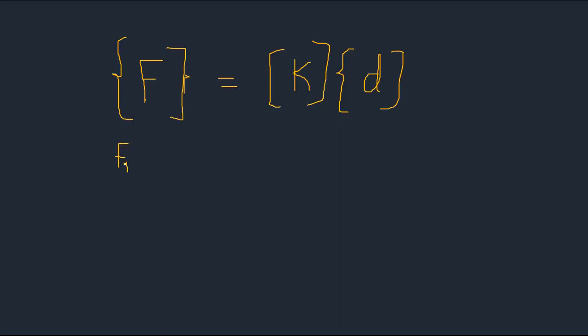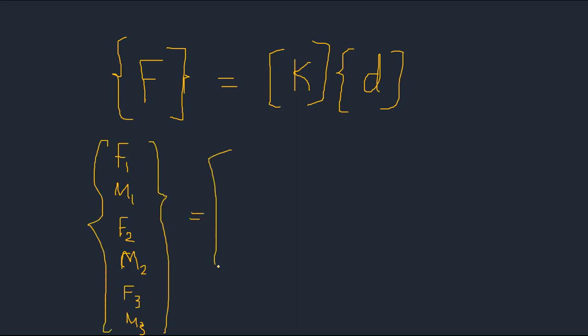Vertical displacement corresponds to F1 for the linear force, right? Then theta 1. So this is V1. For theta 1, it should be M1, right? Then V2 theta 2. For V2 you can write F2. Then for theta 2 you can write M2. For V3 you can write F3 and for theta 3 you can write M3, right?